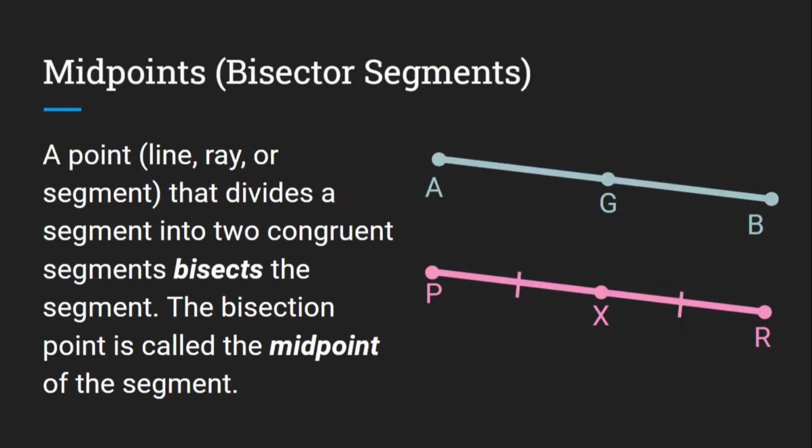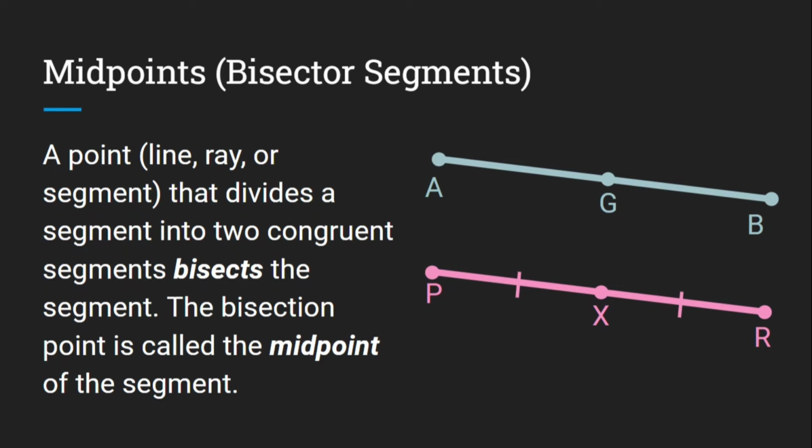Midpoints or bisector segments. A point, line, ray, or segment that divides a segment into two congruent segments is called the midpoint of the segment. Notice how I have only mentioned segments being divided and not rays or lines? This is because lines or rays go on forever on both sides and therefore have varying midpoints that can't be determined.